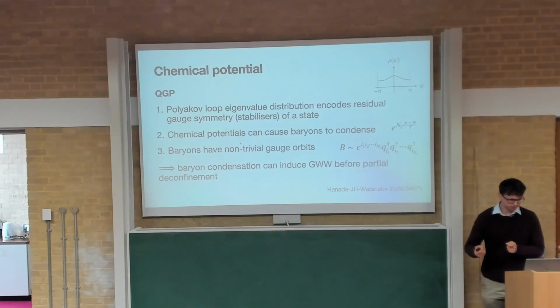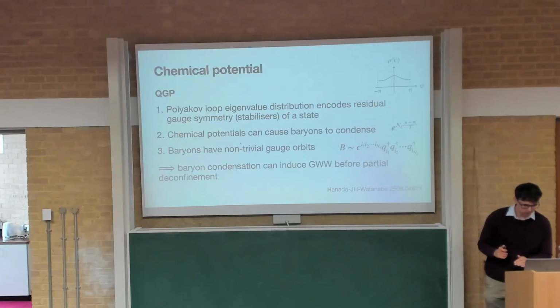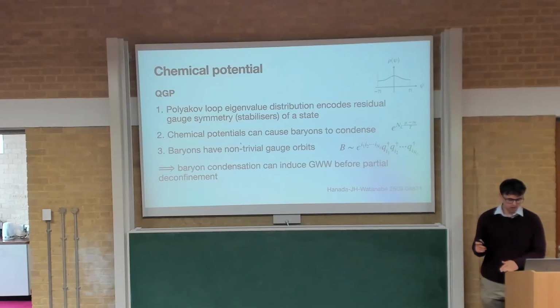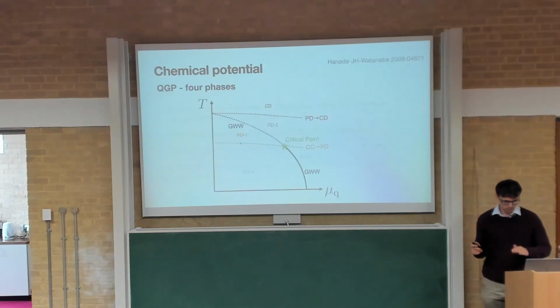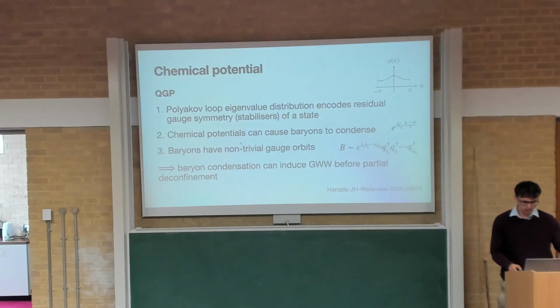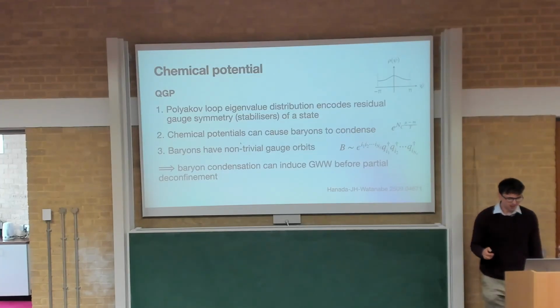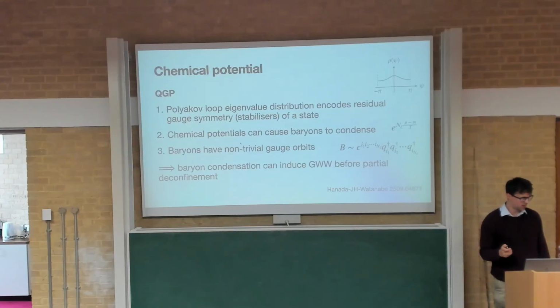So if you take a Polyakov loop and try to measure the eigenvalues, it would suggest that there's no residual gauge symmetry because of these baryons, even though the gluons could still be in the partially deconfined phase. I'll explain that connection in a little bit.